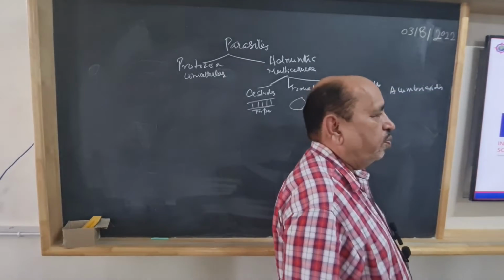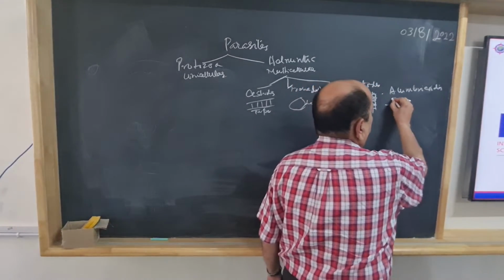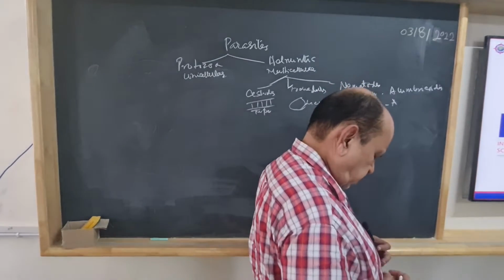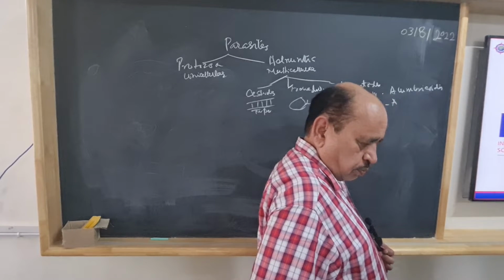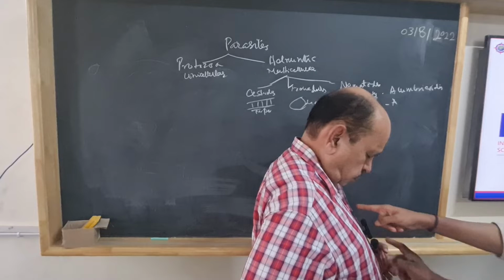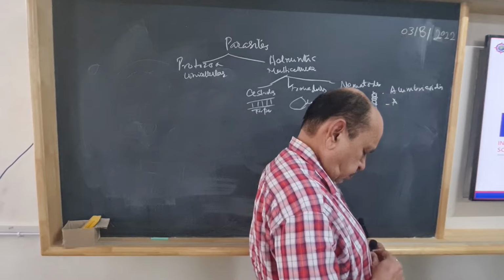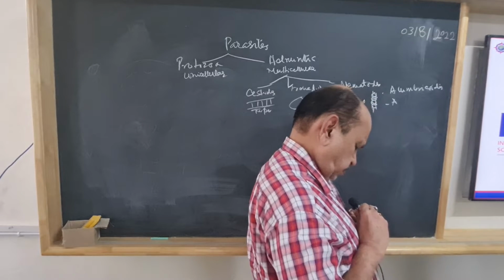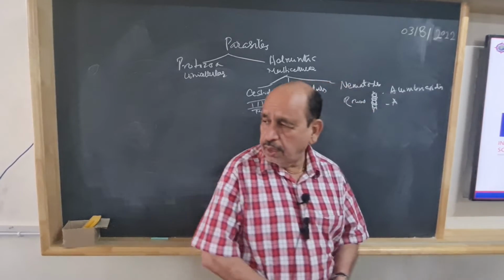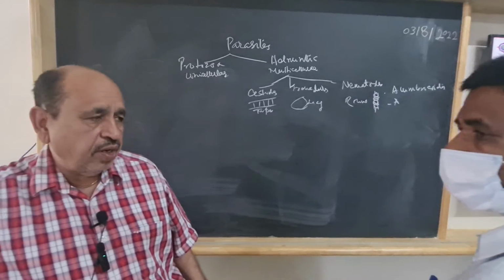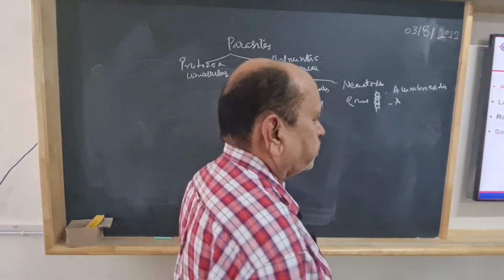Ascaris lumbricoides. Next one is Ancylostoma. Then there are three hookworms.